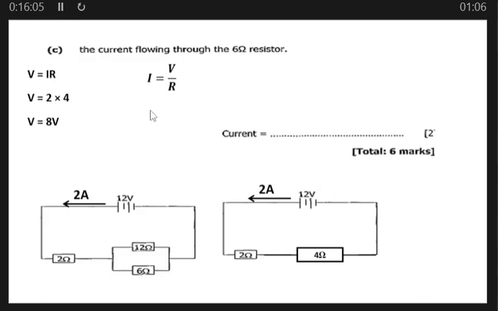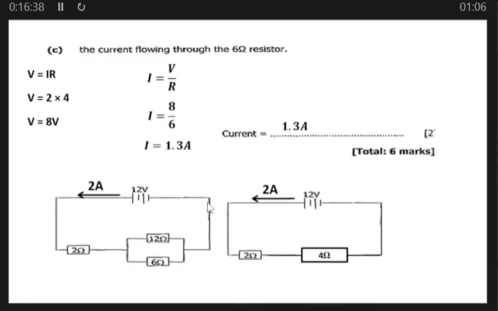So current is equal to 8 volts divided by 6, which when we divide we'll get 1.3 amps. 6 into 8 is 1.33, so I decided to give this answer to 1 decimal place. So our current is 1.3 here.